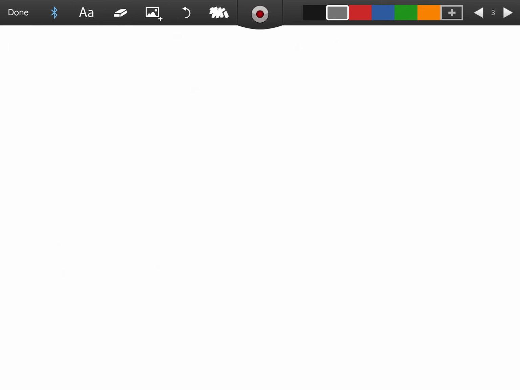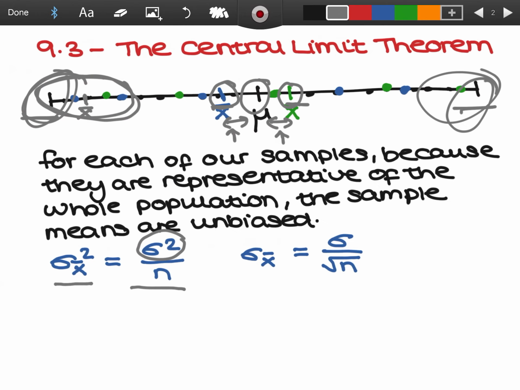Now what I want to look at is where those sample means actually lie compared to where my population mean is. Okay. What you actually find, let's go back to our diagram here, okay. If your population mean is in the middle, so your population mean is here, okay, and you took representative samples, okay, so you're taking, let's say, a sample of 5 each time, but those data points land across the board. Your sample means, so the mean of each of those samples, should land somewhere around that population mean, okay?